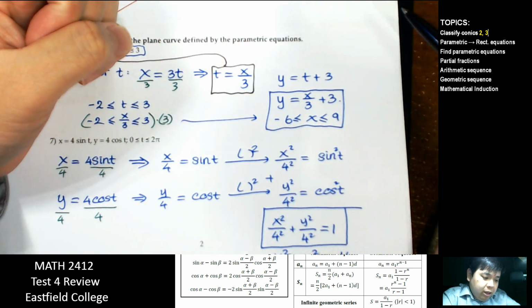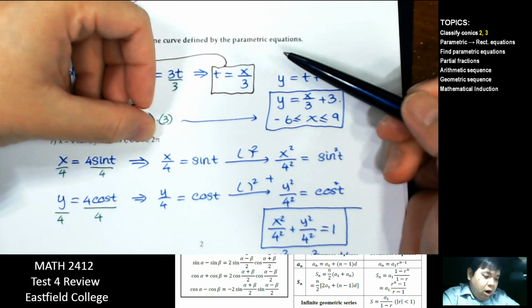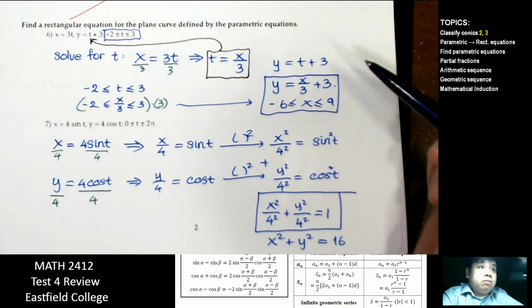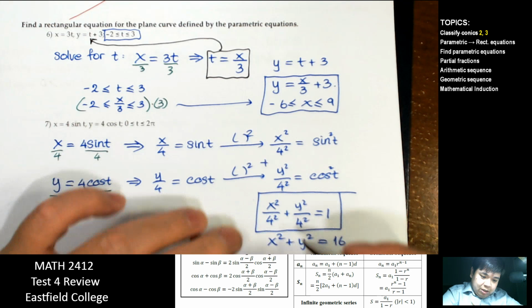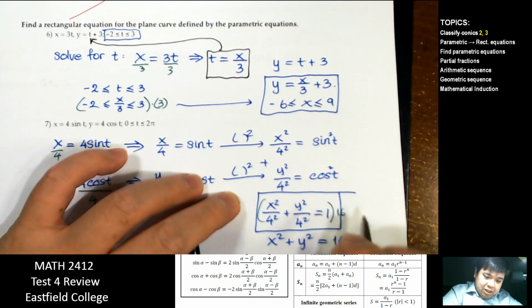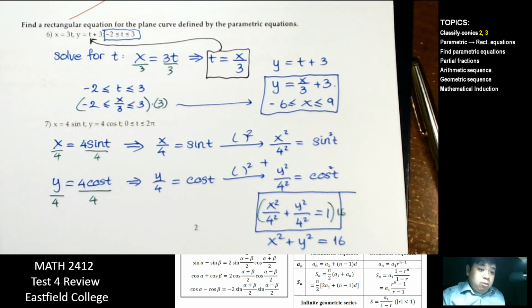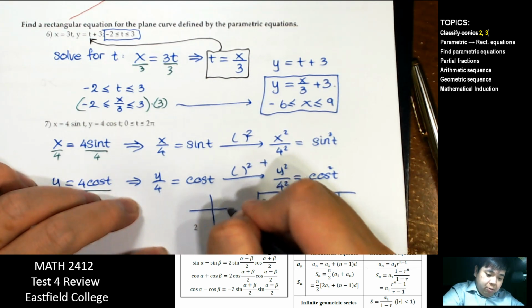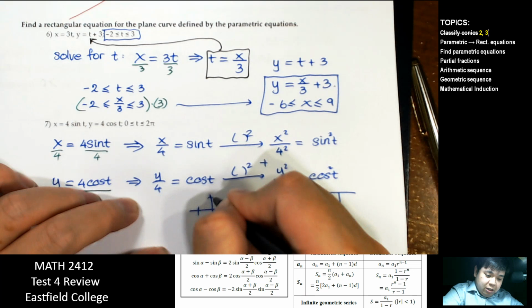Right, and t goes from 0 to 2 pi, so this will complete one revolution. It doesn't matter. Right, so if we draw an ellipse, it would be 4 up, 4 down, 4 left, 4 right. So that's pretty much just a circle.